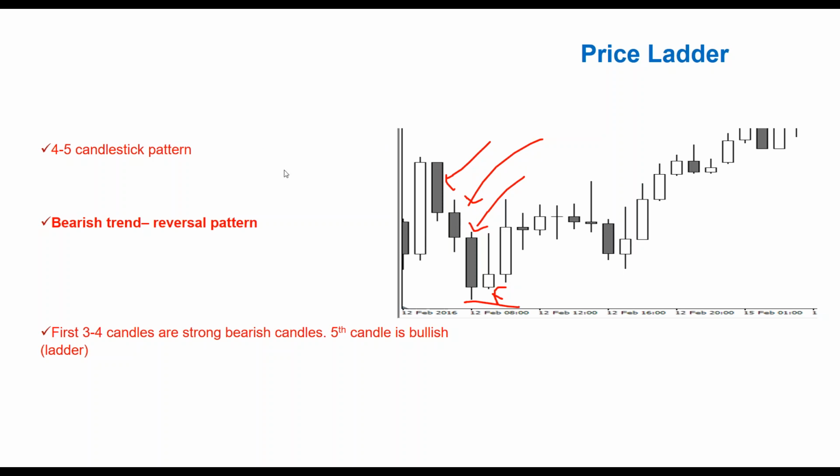Okay, so if you see this pattern, don't trade immediately. This looks similar to bearish three crows. But remember this, candlestick patterns are traded not when they are closed. The next candlestick should either break its high or low.